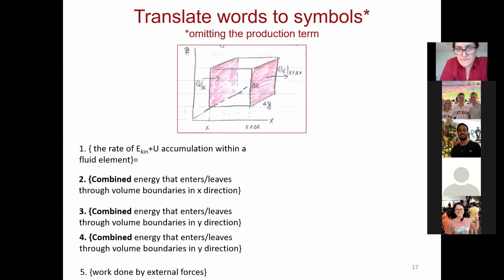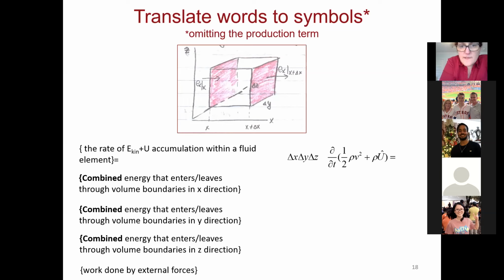Did you get anything similar to this? Or did you get parts of it correctly? So this is my kinetic energy, plus this is my internal energy, right? And then this is times volume, because these are per volume. And then the rate of accumulation will be d/dt, right?